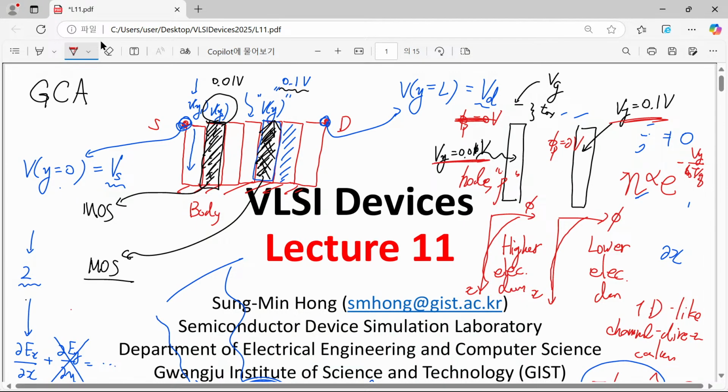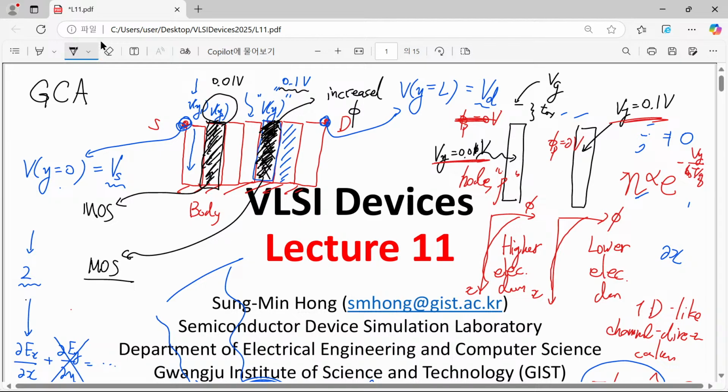So it simply means that in order to maintain the same amount of charge, what this left or right slab has to do is have an increased potential profile to maintain the same amount of electronic charge density. Otherwise, if it has the same potential profile, then its electron density will be reduced. Okay, so that is the situation we will have.